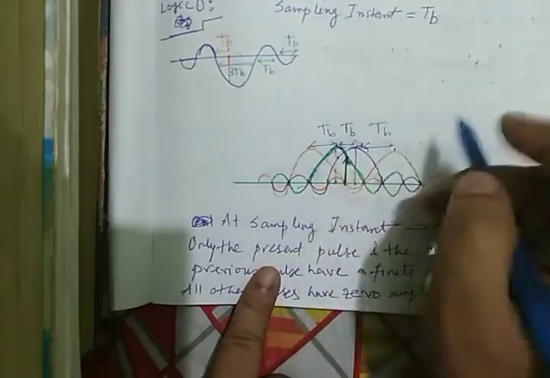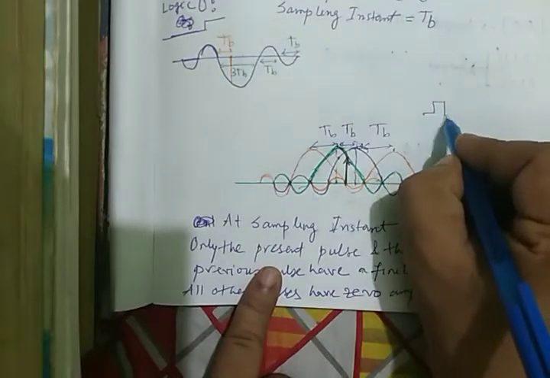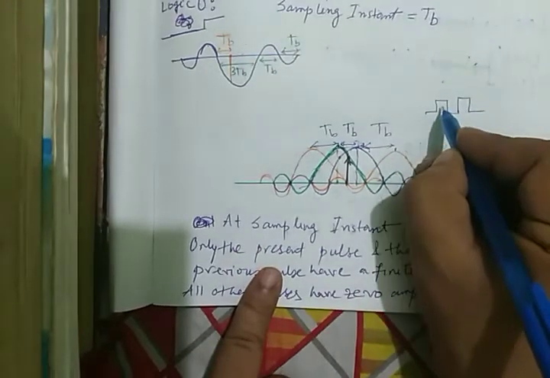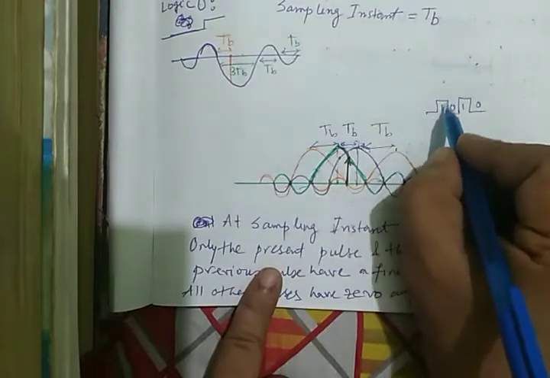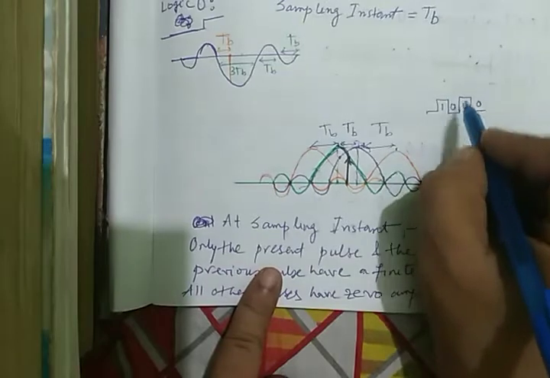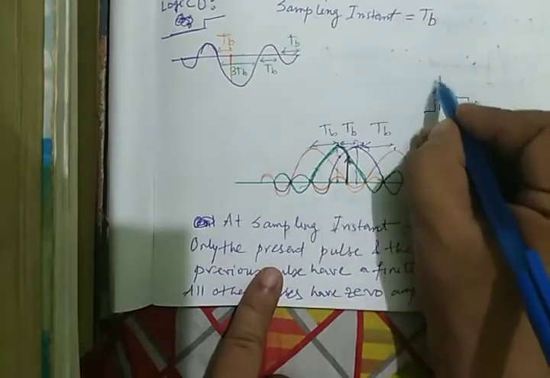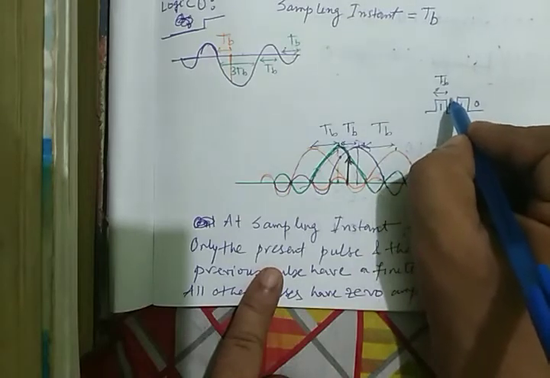So why Tb? If you see the ideal case, say this 1, this 0, this 1, this 0, then ideally we would like to transmit rectangular pulses. So what is Tb? Tb is the time width of one pulse, maybe a 1 or a 0.